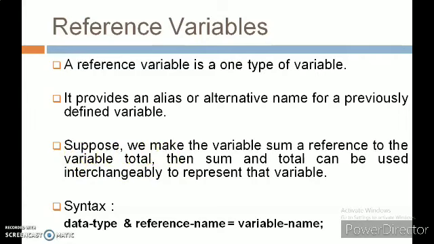Then sum and total can be used interchangeably to represent that variable. Let's see the syntax first and then we will see the program. So what is the syntax to declare a reference variable? First you need to write data type, then ampersand symbol, and then the name of the reference variable. Then it is equal to variable name. Here variable name will be the variable whose alias needs to be created.